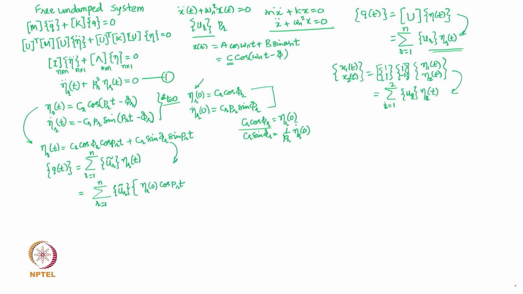Okay, I am basically writing this equation now by replacing the Cr cos phi r and Cr sin phi r by the expressions that I have got from the initial conditions. Then I have the second term, which is Cr sin phi r, which is 1 over Pr, okay, eta r dot at t equal to 0 times sin Pr t. This is what I have.